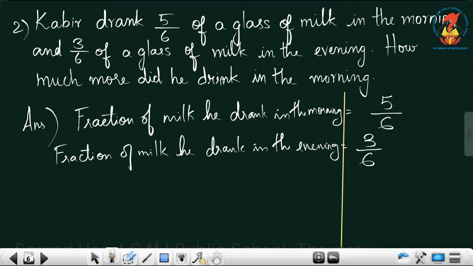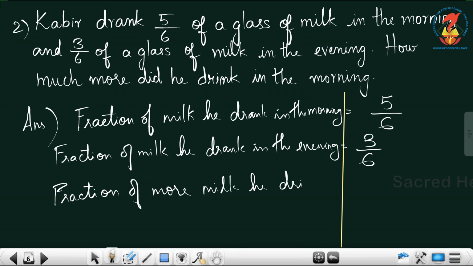So, let's do how much more did he drink in the morning? Fraction of more milk he drank in the morning.